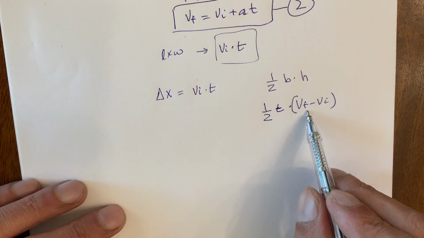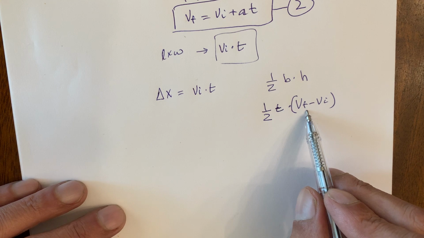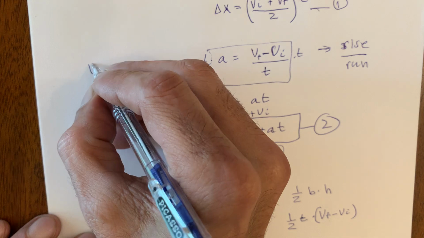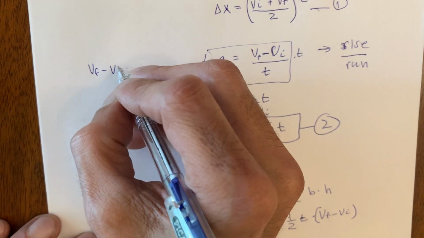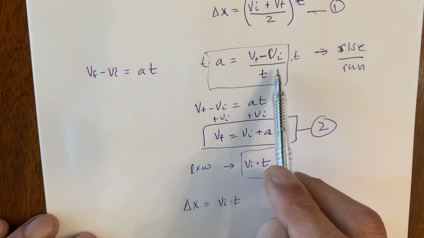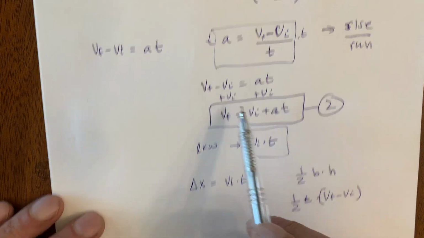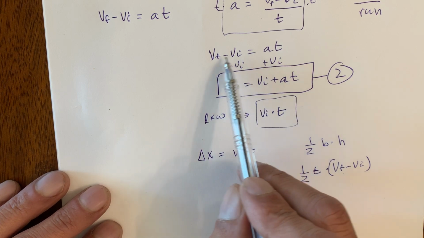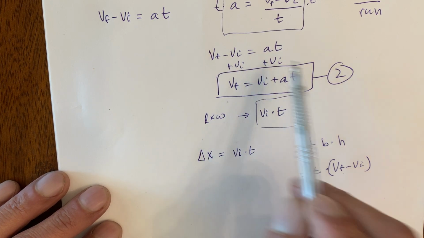But then I want to take you back to this equation here and ask, isn't VF minus VI the same as A times T? Sure it is. If I multiply both sides by T, that's what I got here, right? VF minus VI is the same as AT. So instead of putting VF and VI, I want to put AT in there.